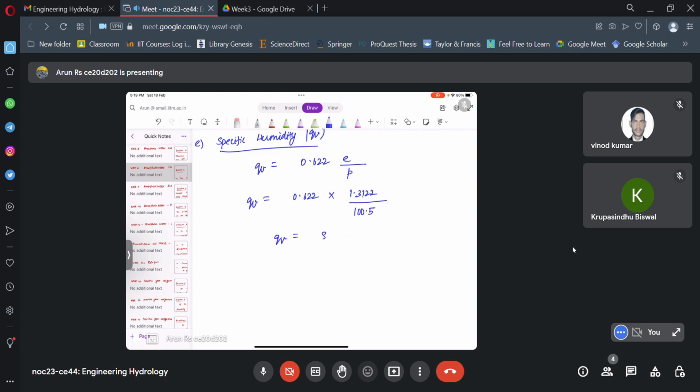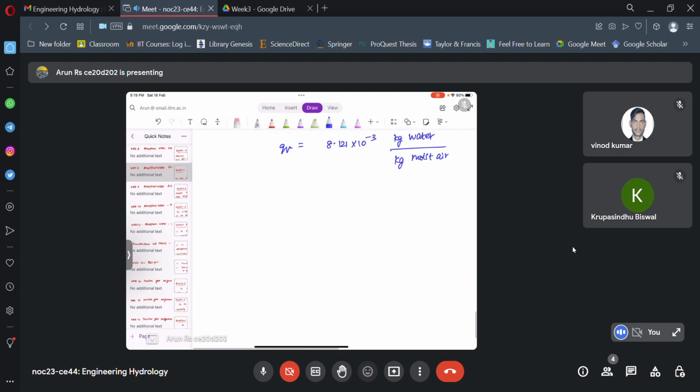QV is equal to 8.121 into 10 power minus 3 kg of water per kg of moist air. This is the unit of specific humidity. Next parameter is air density. So rho A is equal to P divided by Ra into T mean. This is in degree, this is in Kelvin.